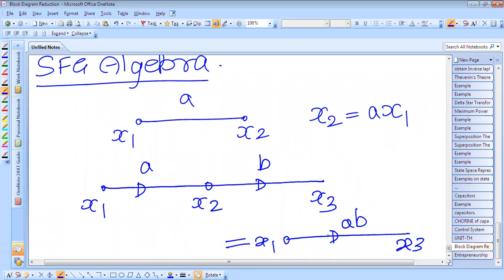In this way we take the product of the individual transmittances. So the total transmittance of series branches is equal to the product of all branch transmittances.